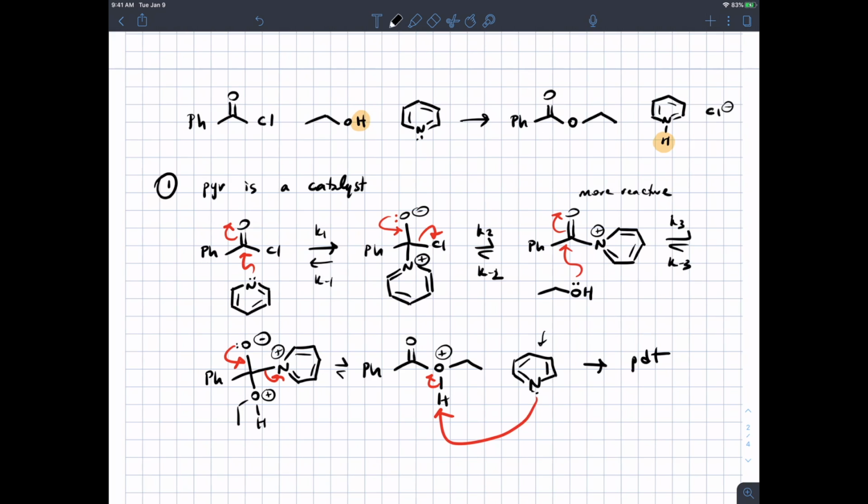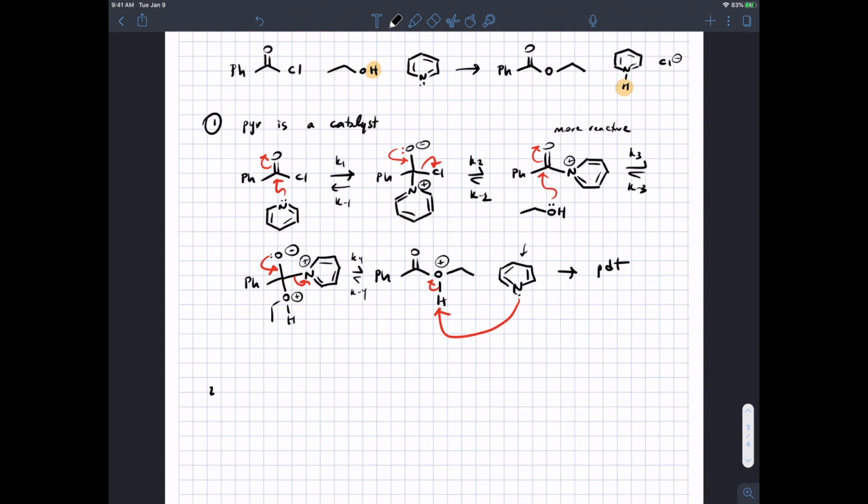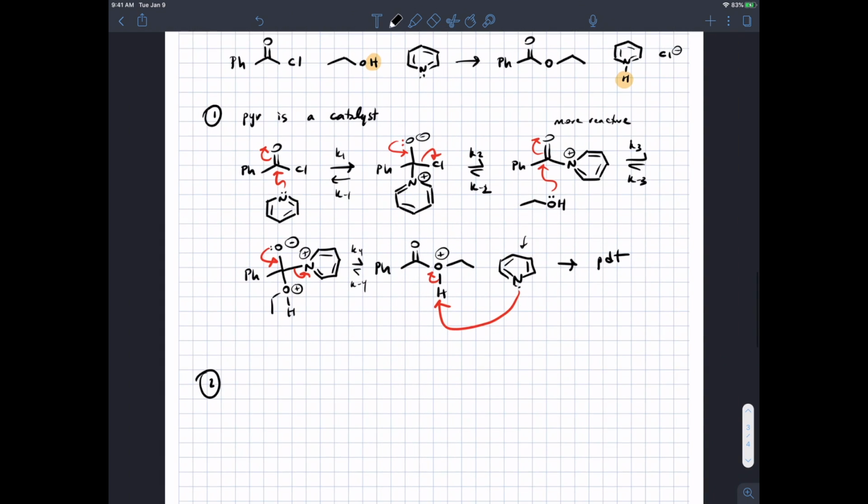No, I mean, yeah, it makes sense. I guess it's all just equilibrium, so I'd just be surprised that that's actually a better pathway. Yeah, I guess the empirical observation is that adding pyridine makes the reaction go faster. But you're right, there is an alternative. And this is what chemists do when you have an observation.